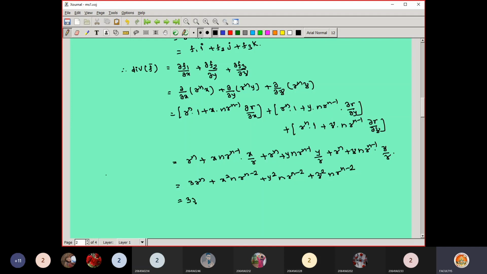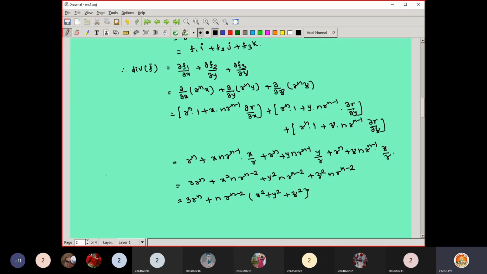I can write 3 r to the power of n. If I take n r power n minus 2 common, the remaining terms are x square plus y square plus z square.